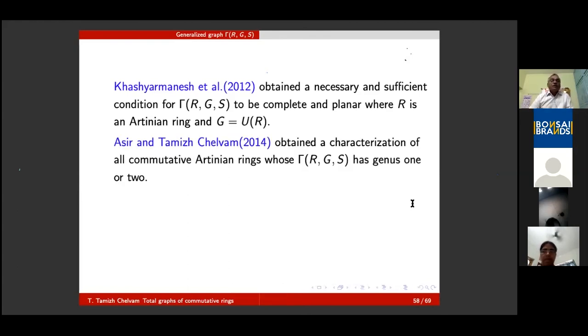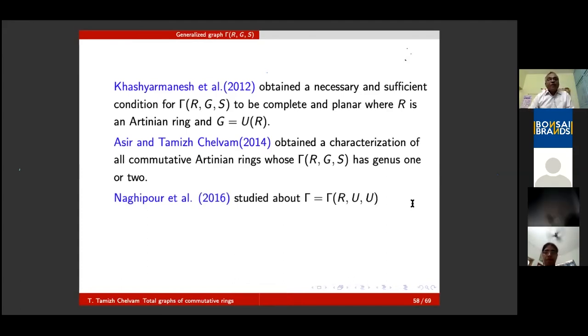And we obtained in 2014 all commutative Artinian rings for which this graph has genus 1 or 2, which appeared in Acta Mathematica Hungarica. And Nikmehr et al. in 2016, in the Journal of the Korean Mathematical Society, studied the particular class Gamma equal to Gamma(R, U, U).